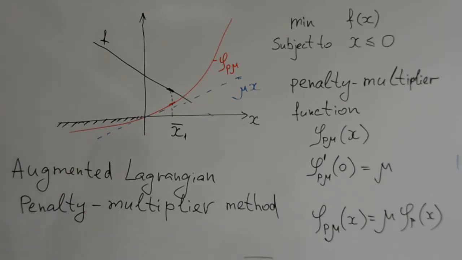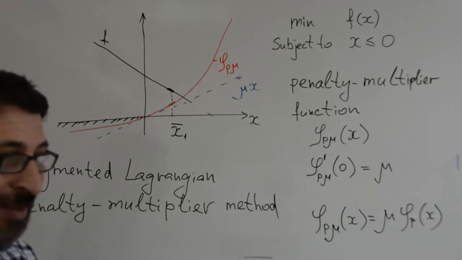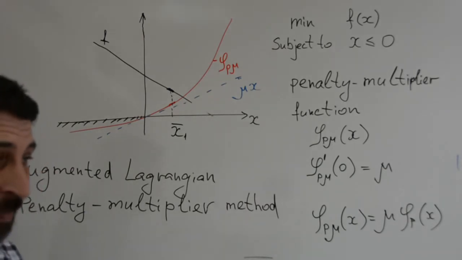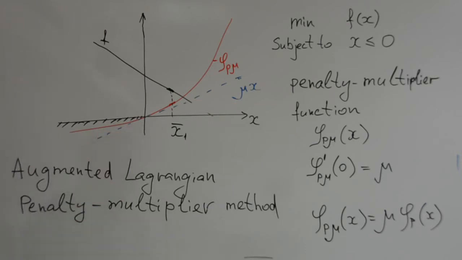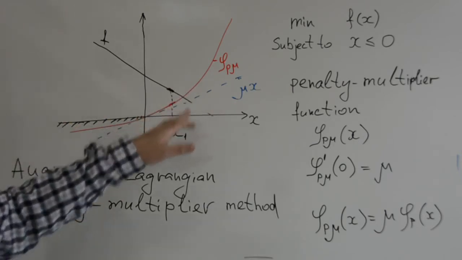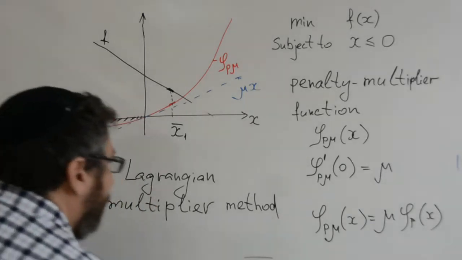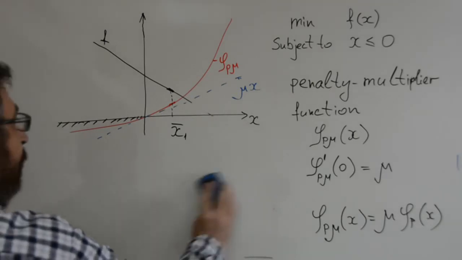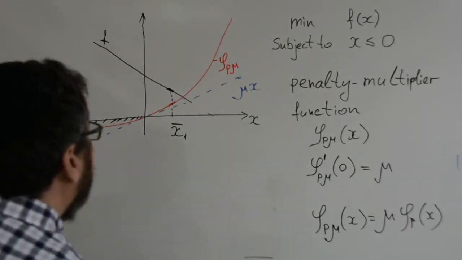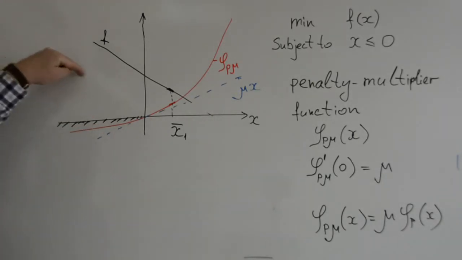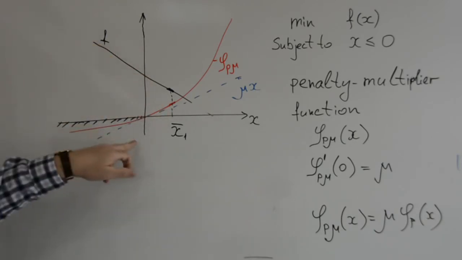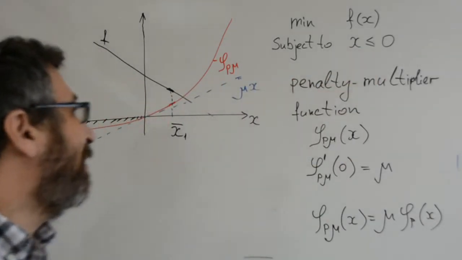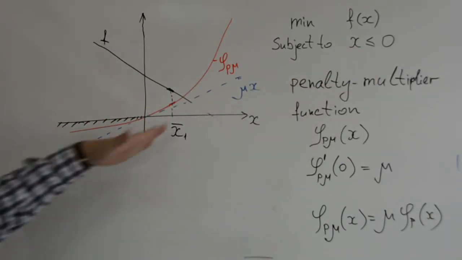Okay, how can we use this more sophisticated penalty function in order to get efficient optimization? Suppose at some iteration we have some parameter mu, and in our simple example of minimization of a linear objective function under constraint x less or equal to 0, we minimize the penalty aggregate.